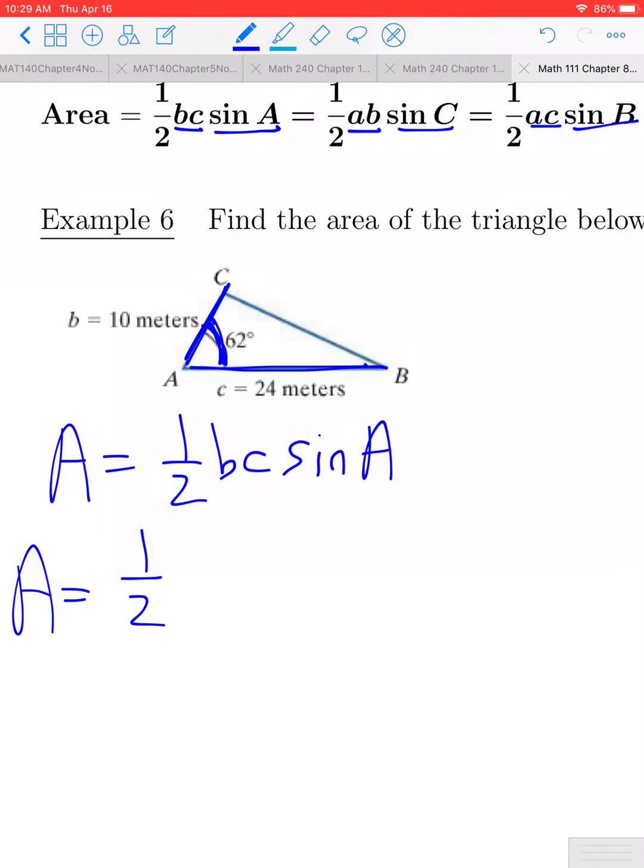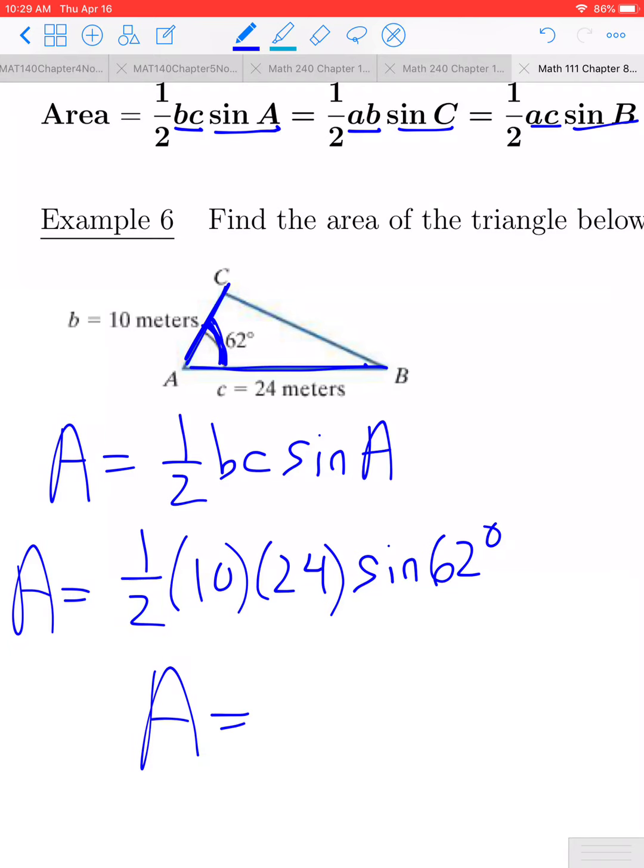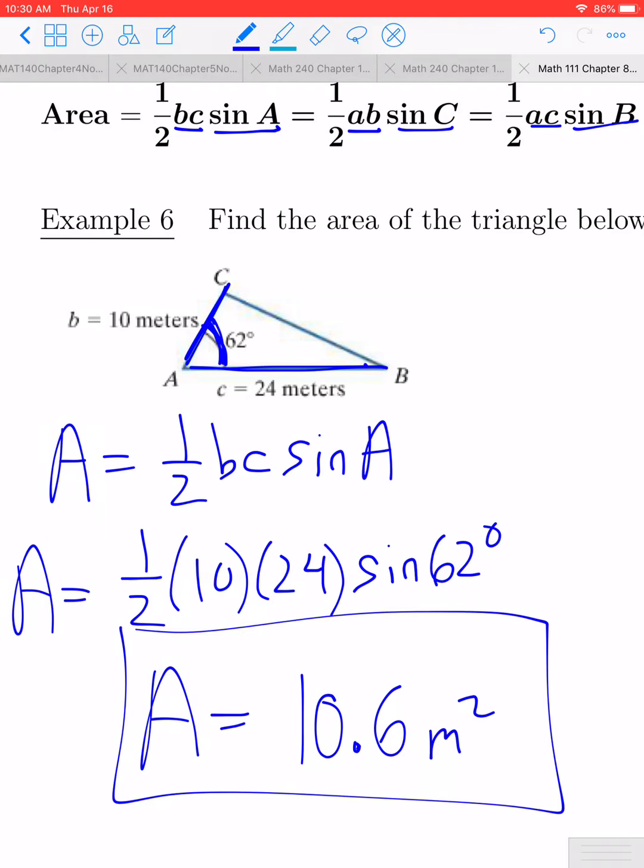This is going to be equal to 1/2 times 10 times 24 times the sine of 62 degrees. And this would give us an area of about 10.6. The units were given in terms of meters, so this area would be square meters.